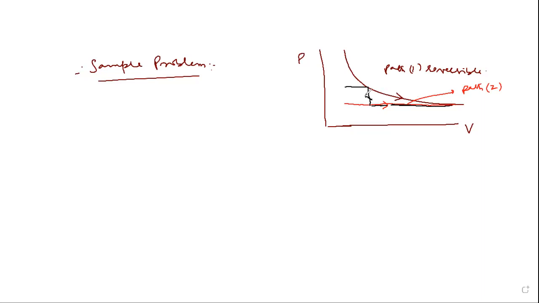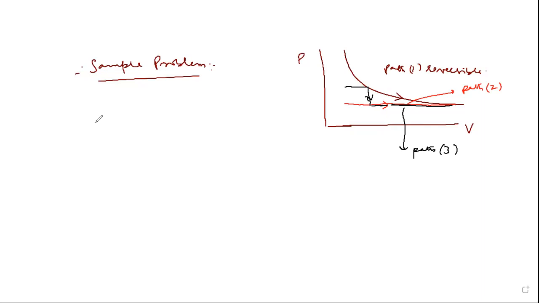This was path 3. Right? So we had path 1, reversible isothermal expansion, then path 2, irreversible constant pressure expansion, and then path 3 was a 2-step irreversible process, and we are supposed to calculate the work done by the gas.